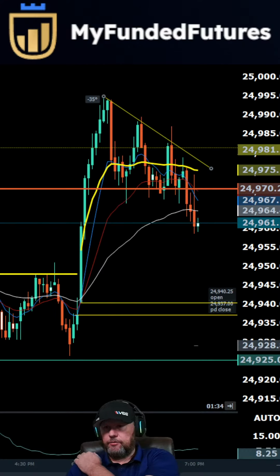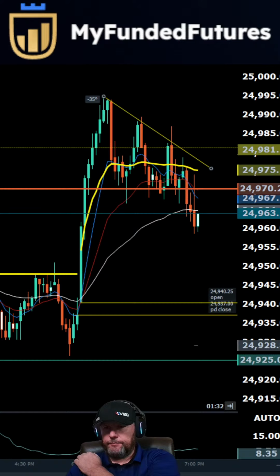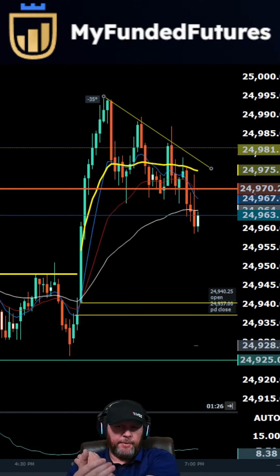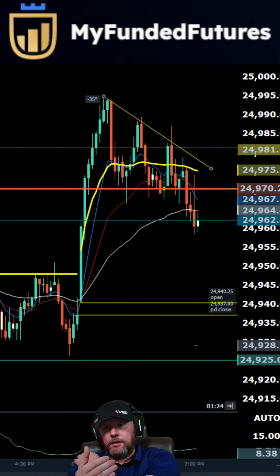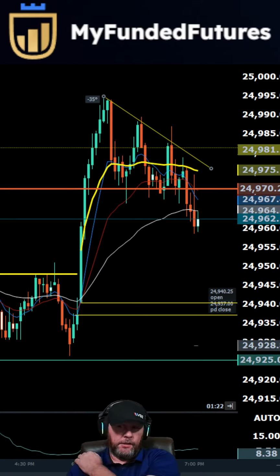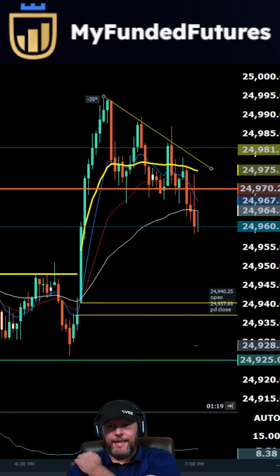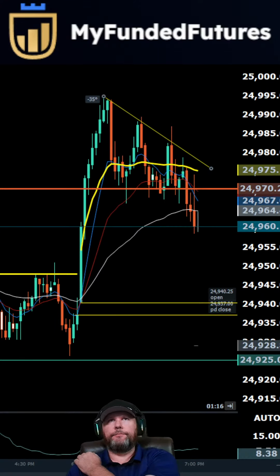Definitely not a horrible trade to take the 10 points. So what I'm thinking is push down to the 50, maybe bounce back to the 58, 60 area. Then the second push through 50 should get through there, and that might be the safest spot to move your stop down. We'll see.